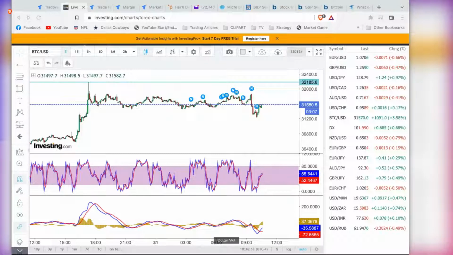Typically, when the dollar is going up, gold, oil, energy, metals, and Bitcoin should be going down, those things generally. There are periods, rare, but they happen, where they trade in the same direction.